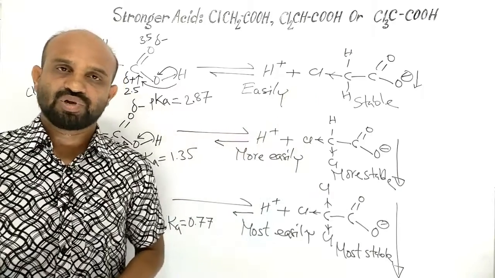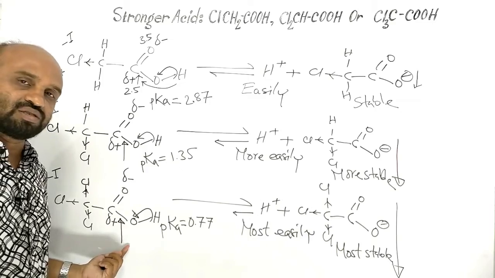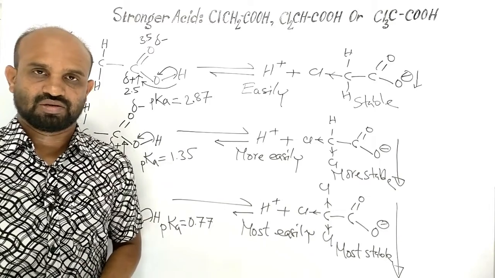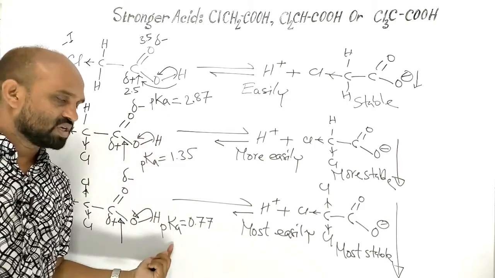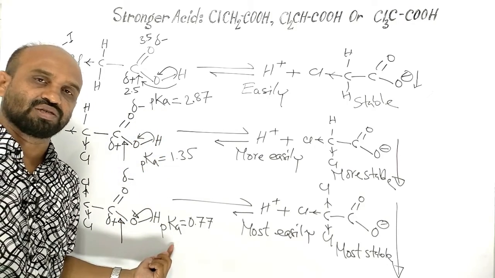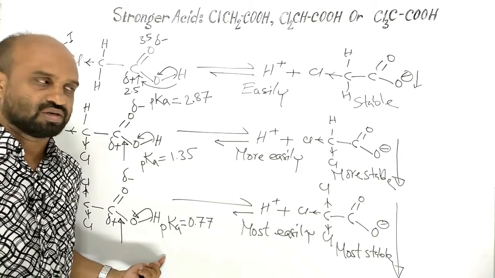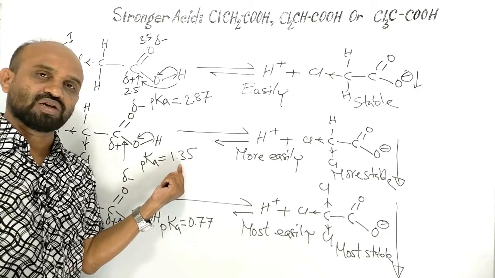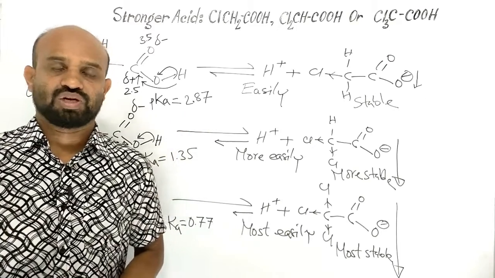From the stability of the chloroacetate ion, trichloroacetic acid is the strongest acid, and lastly, by pK values, the pK value of trichloroacetic acid is the lowest, so it will be the strongest acid, and after that dichloroacetic acid, and lastly monochloroacetic acid.